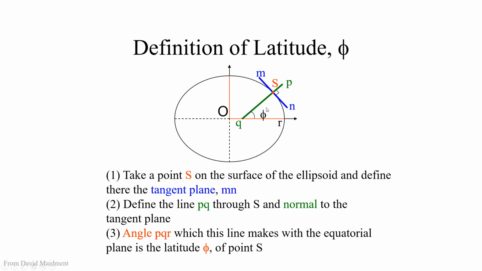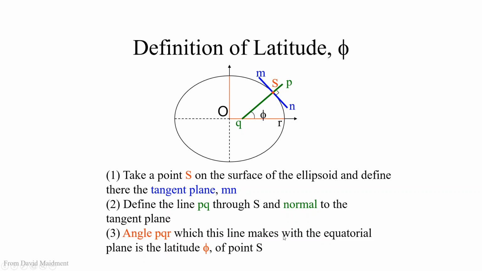Latitude is defined, once you're talking about an ellipse, not by a line drawn from the center, since that won't intersect the surface at right angles. So latitude is actually defined by taking a line at right angles to the surface and seeing where it intersects the major axis and measuring that angle.